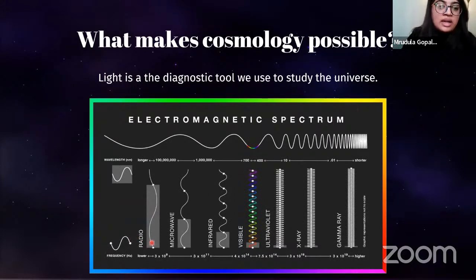Radio and microwave, everything on the left, have bigger wavelengths. This is just trying to show you that in one cycle, radio has a bigger wavelength. If you see microwave, you see more squiggles, basically just trying to show that on the left side you have longer wavelengths, on the right side you have shorter wavelengths.